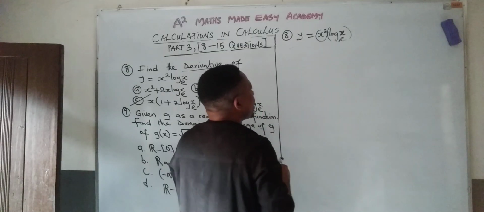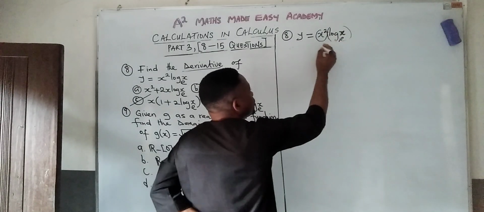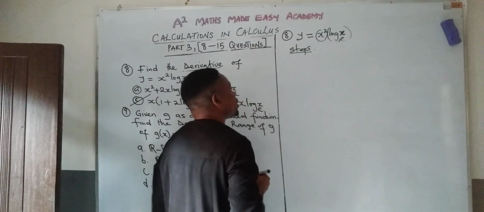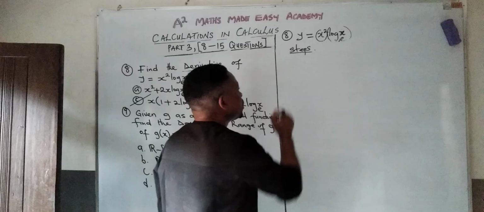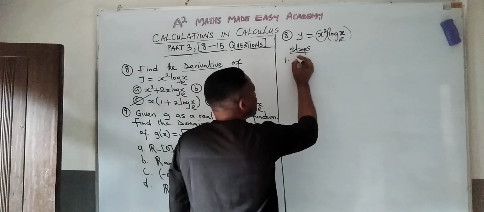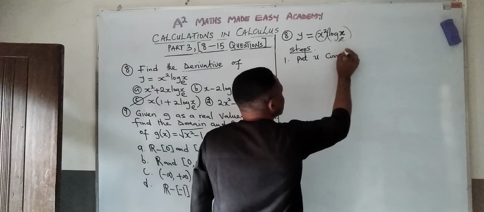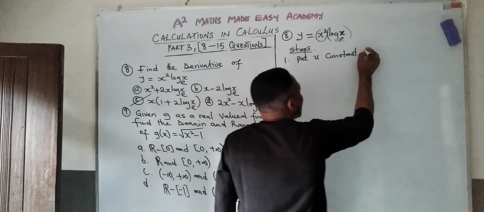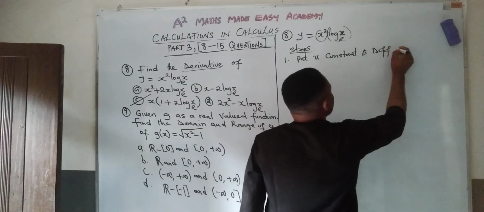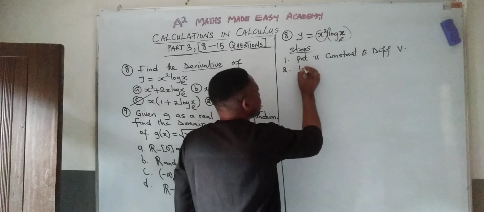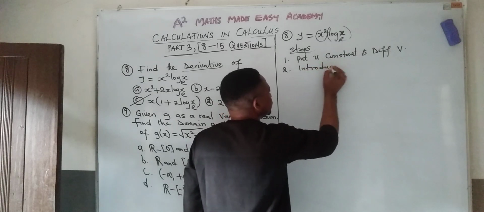Okay, now let us approach this particular problem using the shortcut. But before then, permit me to give you the steps for solving differentiation by product rule. Now the first step is this. You should put u constant and differentiate v. Then the second thing is to introduce plus.